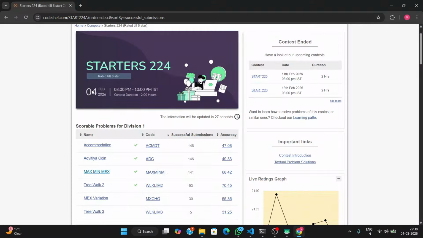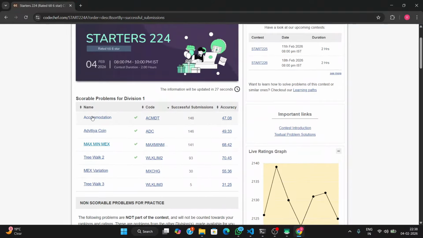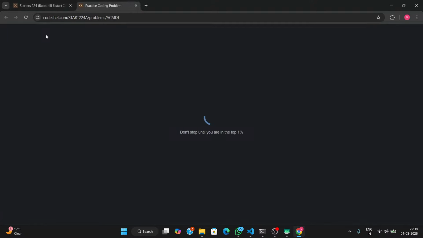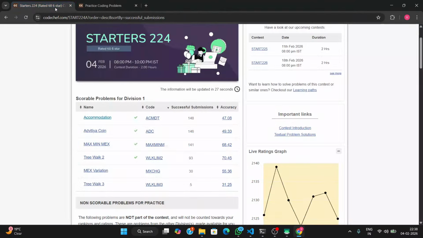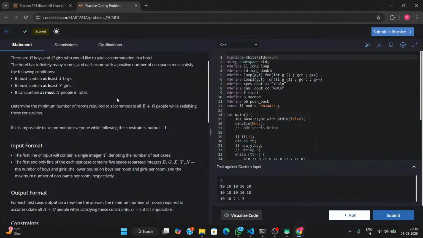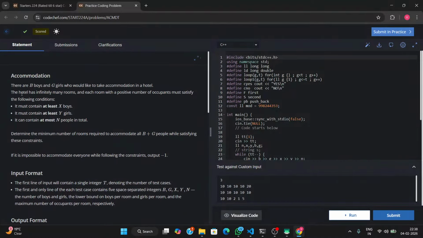Okay, so now let's move to the second question. For the next four questions, we have the codes. So there are B boys and G girls who would like to take accommodation in a hotel.